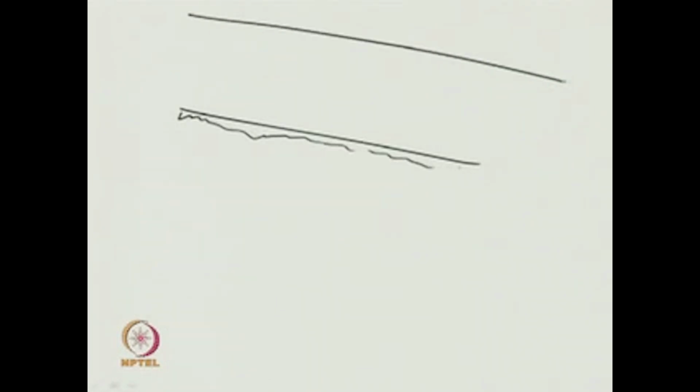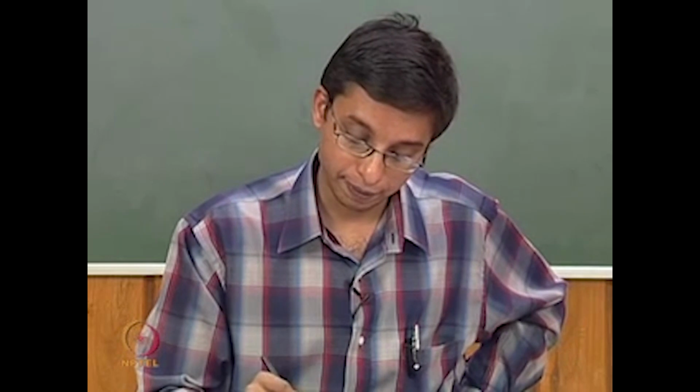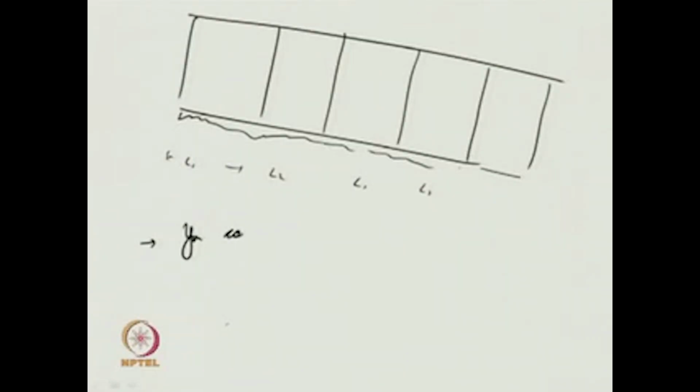If there are many such reaches of different lengths, say this is L1, this is L2, L3, L4, L5, and so on up to n, then for the entire natural stream you can average the discharges.